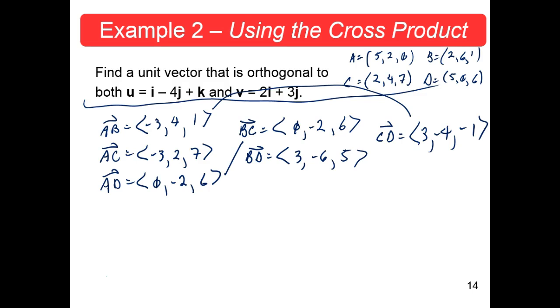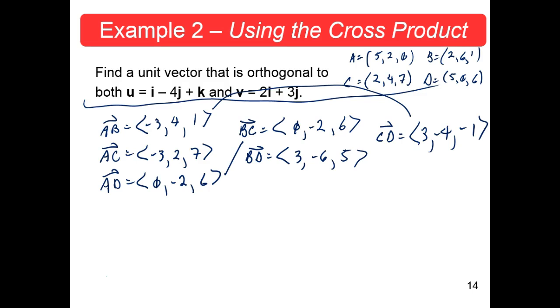So every opposing side, AB and CD, are opposite sides and they're parallel to each other, and AD and BC are opposite sides and they're parallel to each other. Okay, because the vectors are identical in length and direction. Okay, absolutely identical.